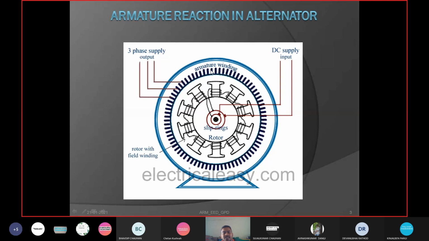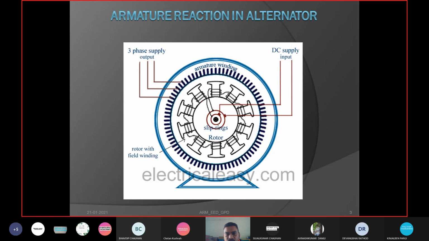Now in electrical engineering there is one rule: when current is flowing through any conductor, at that time a magnetic field or magnetic flux is produced around it. This is the basic law in electrical engineering.